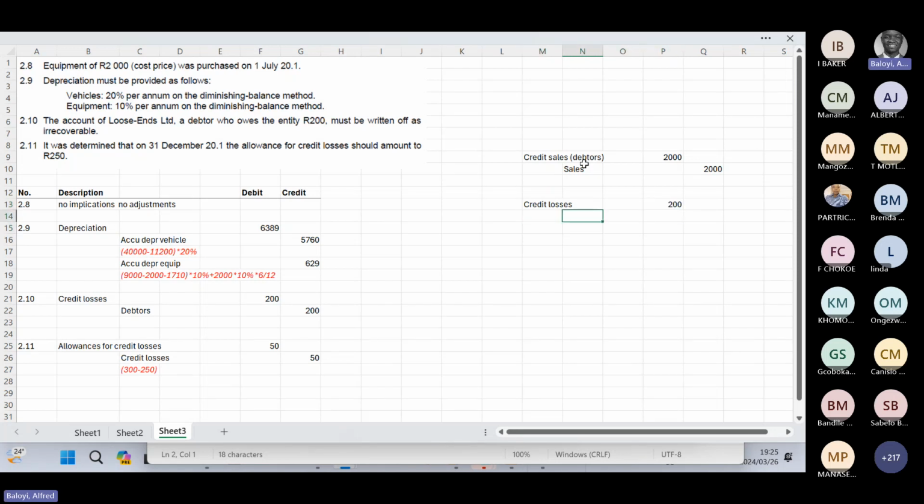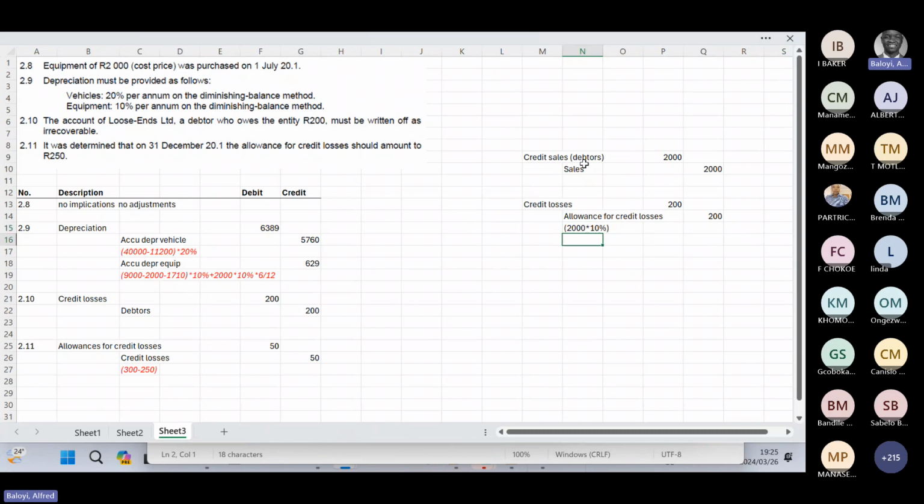And then we have a provision, let's say an allowance for credit losses, 200. This would be the 2,000 multiplied by the 10%.